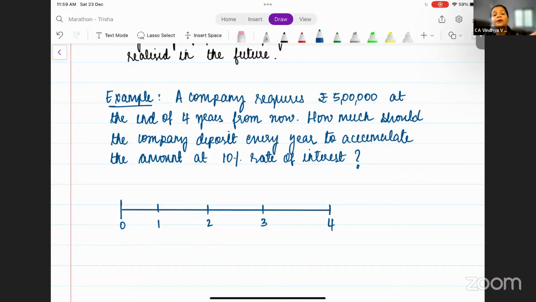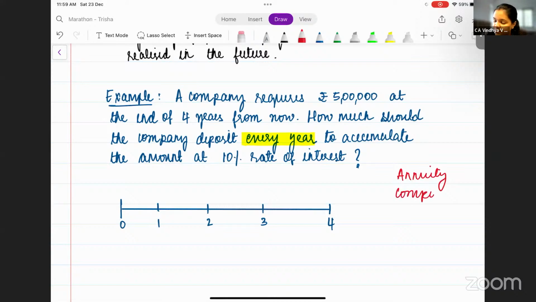This deposit every year tells us that it is a question of annuity. Annuity means compound interest, and whenever compound interest is there, you have to identify the type of compounding. Since nothing is mentioned, we will consider it as annual compounding.